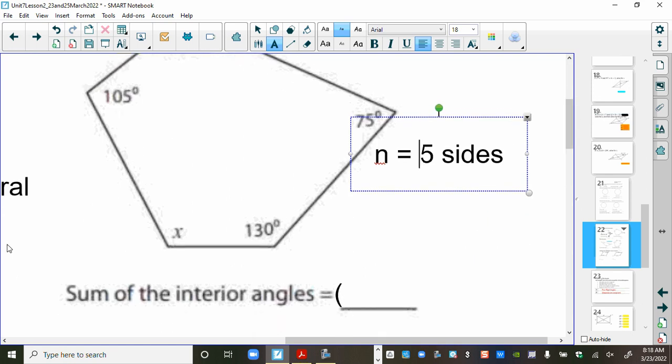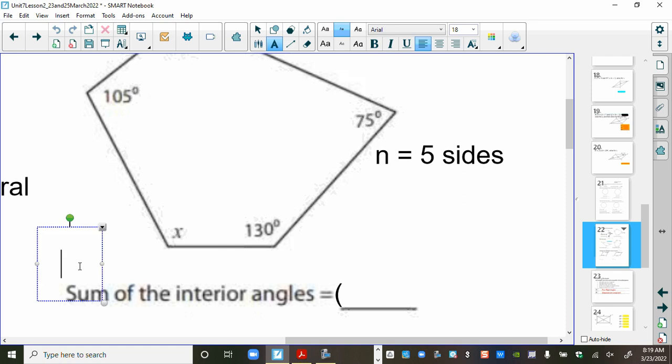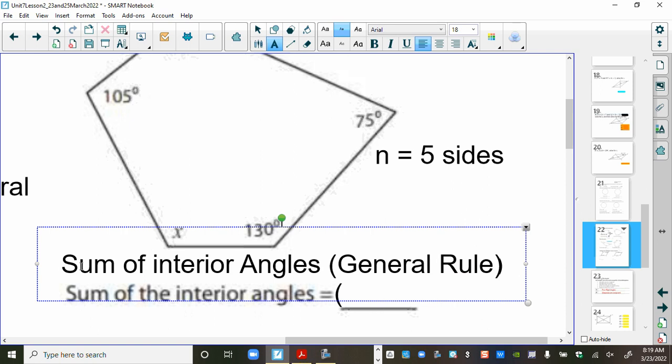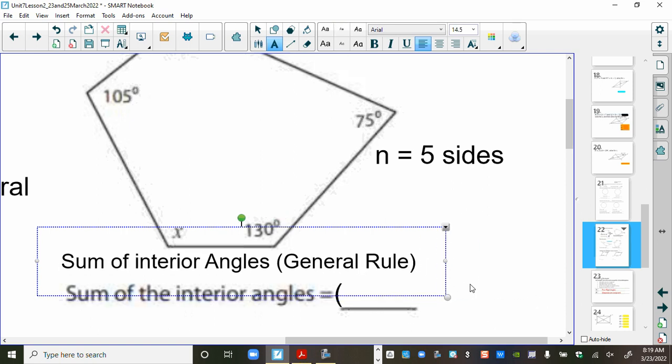And then the general rule, I'll write the general rule. Sum of interior angles, this is a general rule, equals, you take your number of sides minus 2 and multiply by 180.